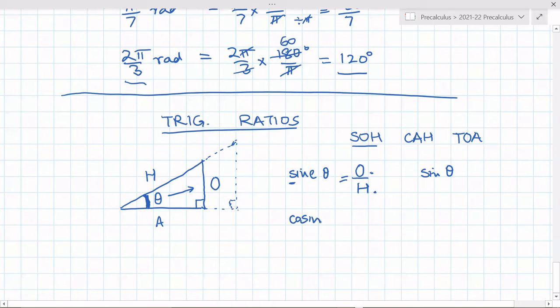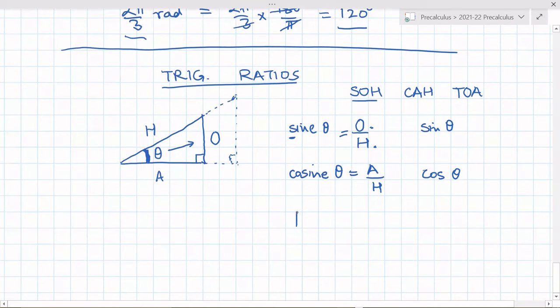Cosine is adjacent over hypotenuse. In short, cos theta. Okay, and tangent, and you'll see later in calculus why this is called tangent, is opposite over adjacent.